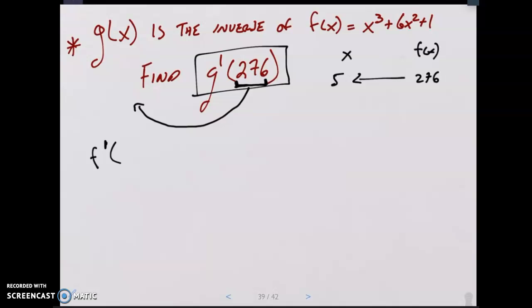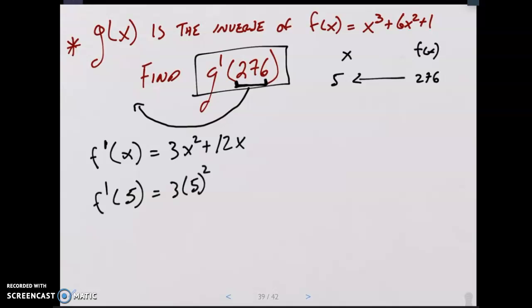So let's find F prime of X real quick. That's going to be equal to 3x squared plus 12x. And now let's find what F prime of 5 was. So that's going to be 3 times 5 squared plus 12 times 5.